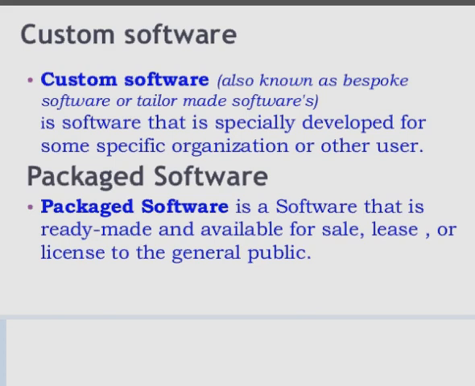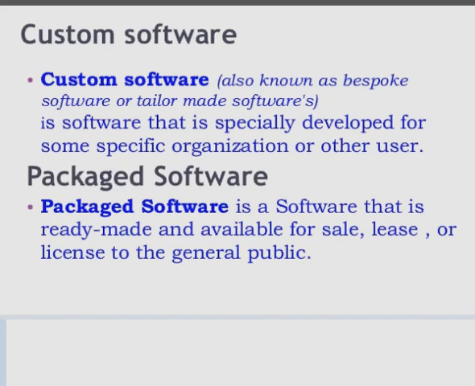In the same way, custom software is made according to the customer's requirement. The definition: custom software is software that is specially developed for some specific organization or other user. It is specially made for some specific user or organization.